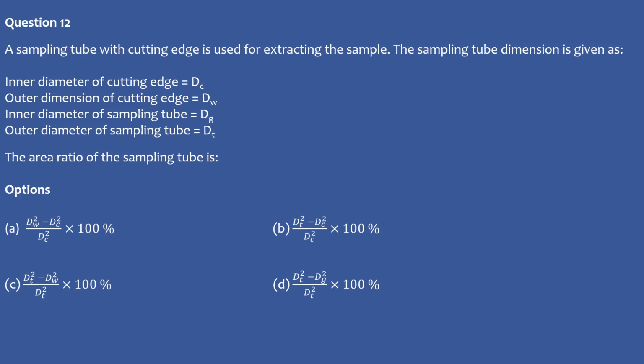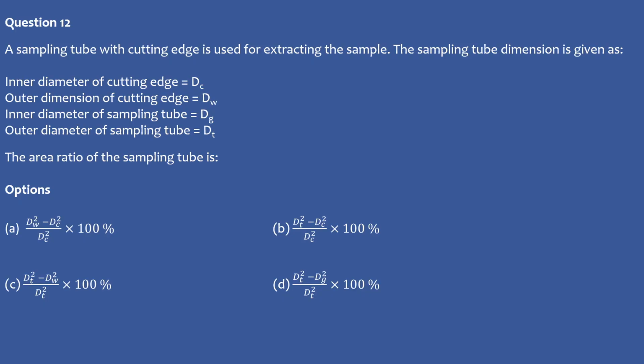Moving to question number 12, you are having a sampling tube with a cutting edge used for extracting the sample. The sampling tube dimension is given. The inner diameter of the cutting is Dc. The outer diameter is Dw. Inner diameter of the sampling tube is Ds, and outer diameter of the sampling tube is Dt. So what is the area ratio of the sampling tube?